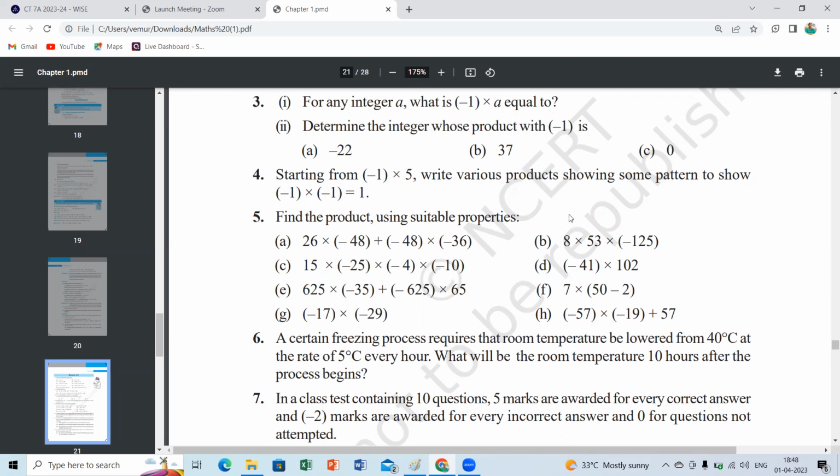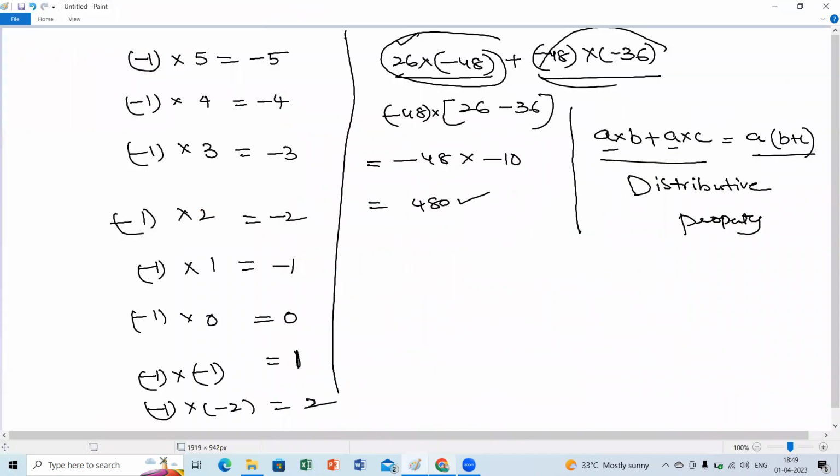Multiplication can be done in any order, right? Children, are you there? Yes, ma'am. 8 into 53 into minus 125.